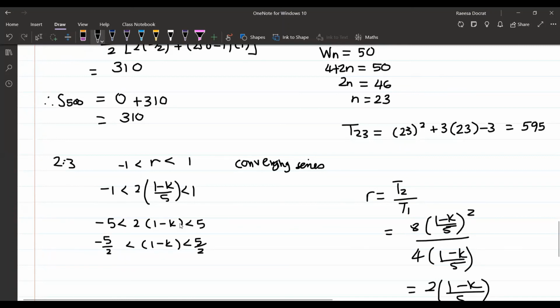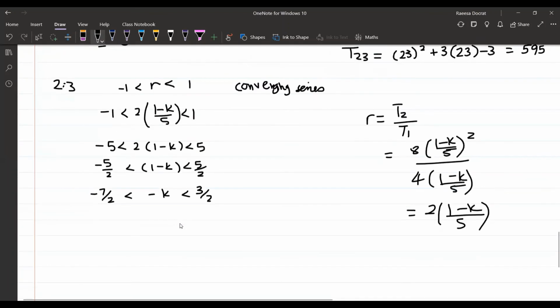Then we're going to subtract 1 from both sides. So 7 over 2 minus k, 3 over 2. And then finally, we're going to divide by a negative. When we divide by a negative, the sign of the inequality swaps around. So we have 7 over 2 is greater than k, which is greater than minus 3 over 2. And that is then our solution.